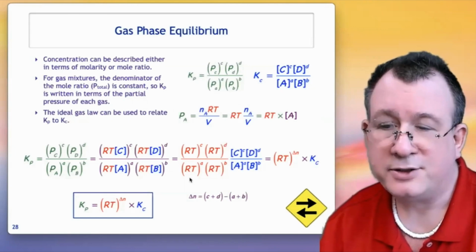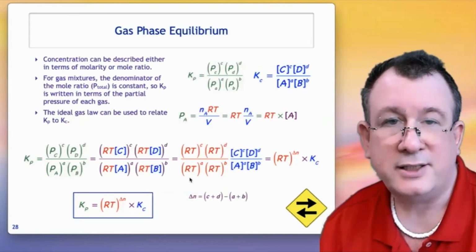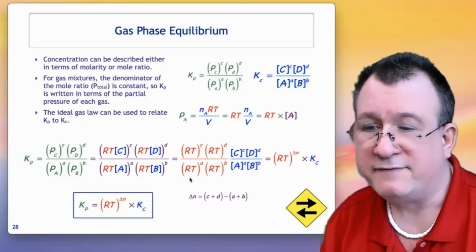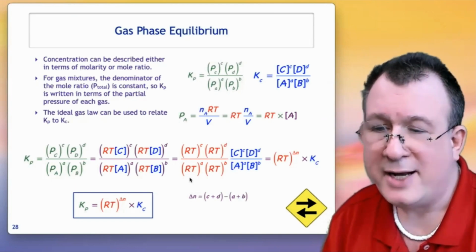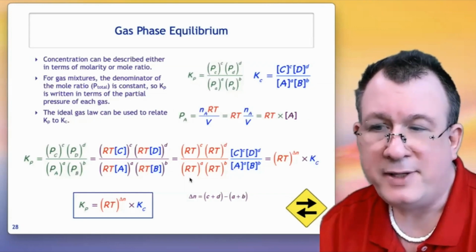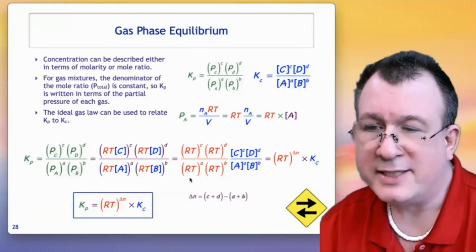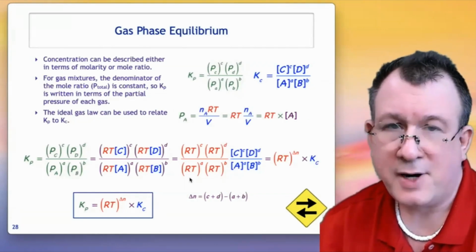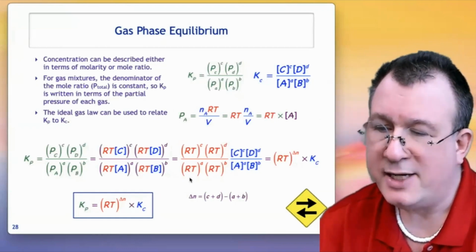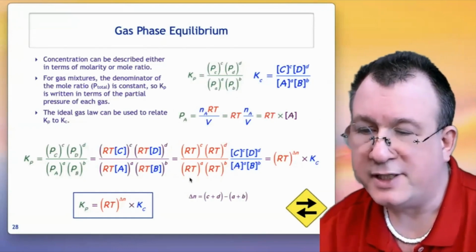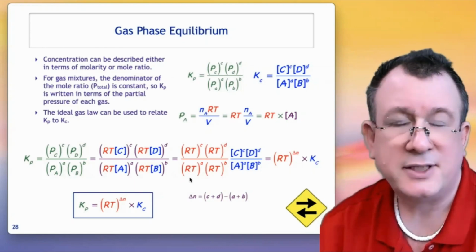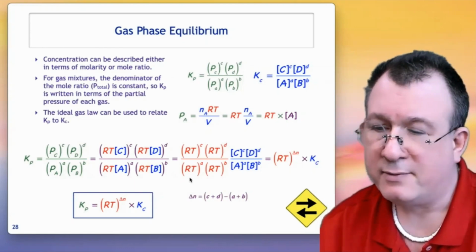So pressure is equal to RT times concentration, again in the gas phase. I can use this trick to rewrite Kp, which, using the law of mass action, is just the partial pressure of the products over the partial pressure of the reactants. But I can substitute in for the pressure of C and the pressure of D, using the ideal gas law to substitute in RT times the concentration of that material.